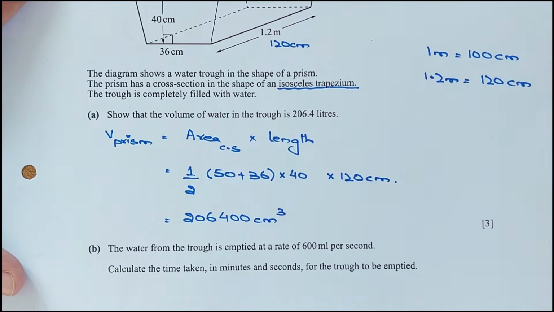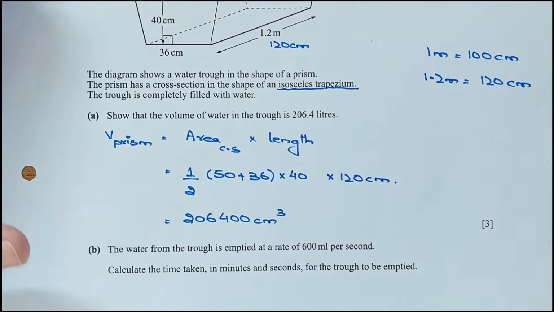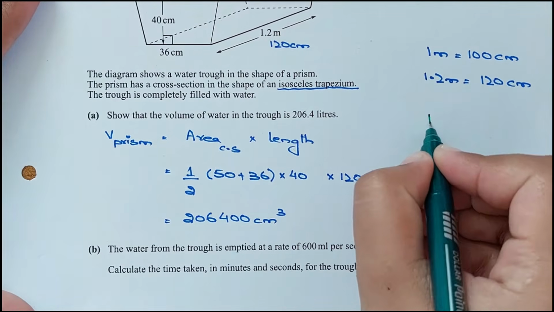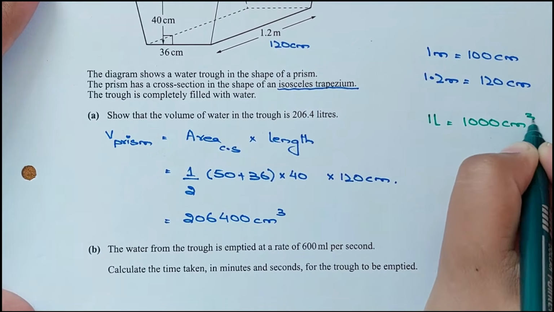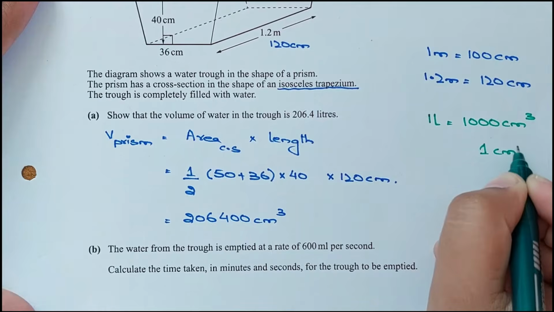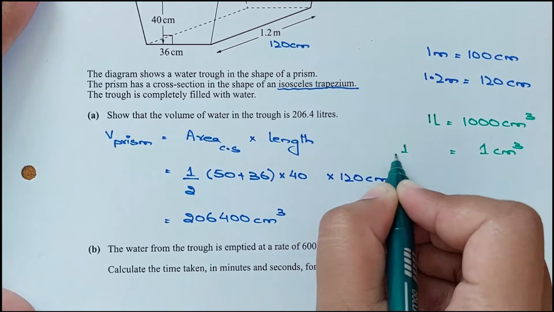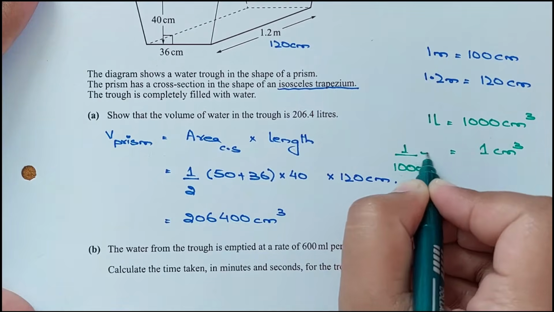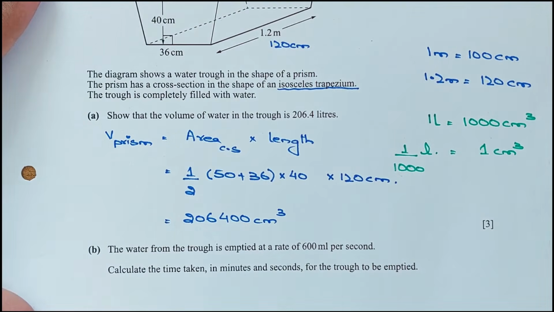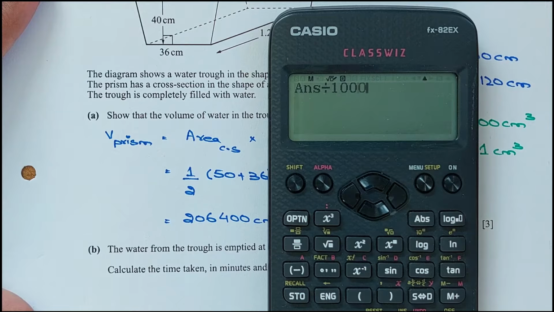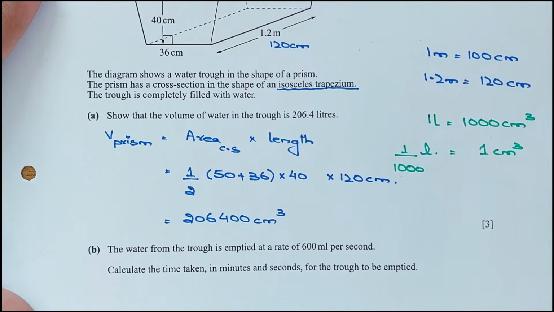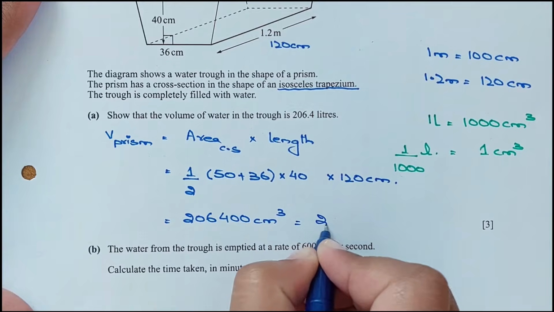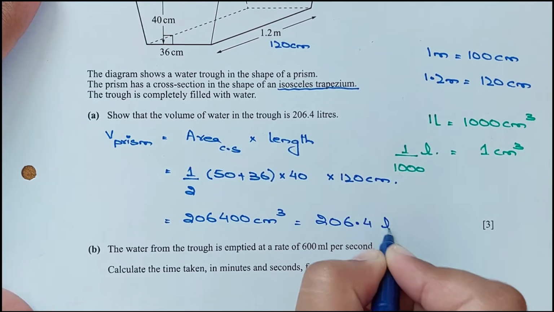Now converting centimeter cube into liters. 1 liter is equal to 1000 centimeter cube, and for 1 centimeter cube we have 1 over 1000 liters, so we have to divide by 1000. This is 206.4 liters.